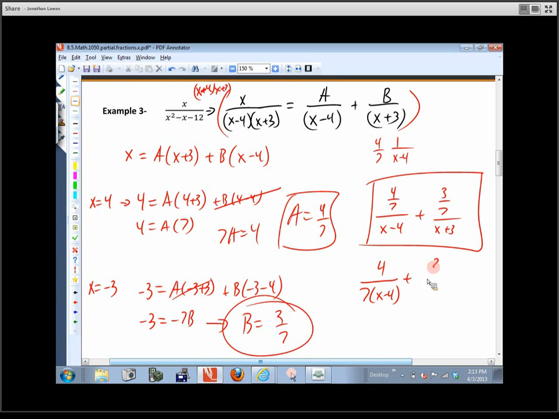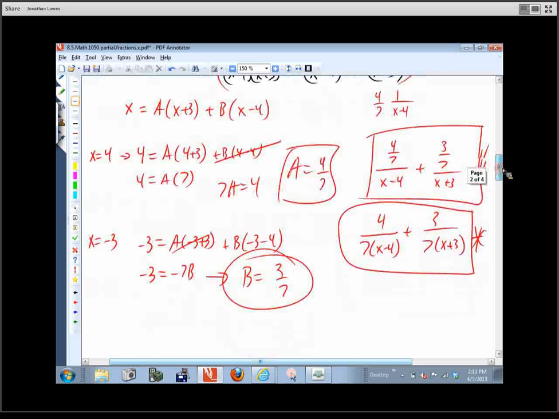That makes this one 3 over 7 parentheses x plus 3. Either one of those is just fine. Now, I'll admit it, this one looks better. If it were on a test, I'm totally fine with either one of them. If you wanted to stop right there, that's okay. I'd prefer this one right here if you can, but it's not that big a deal. Any questions?